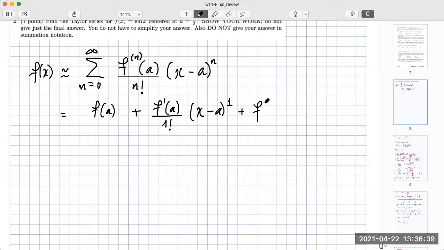And when n is equal to 2, it is the second derivative of that function, and so on, etc. Okay?